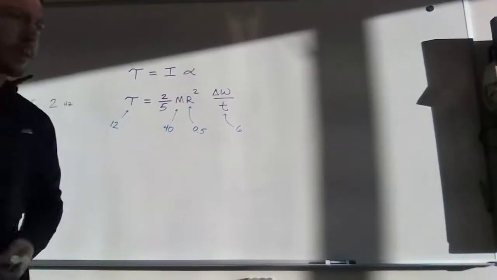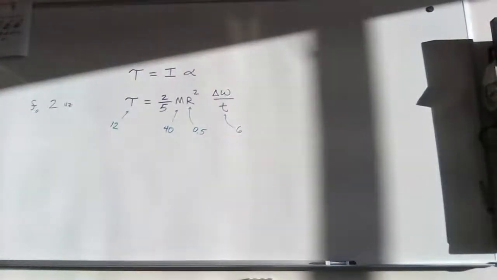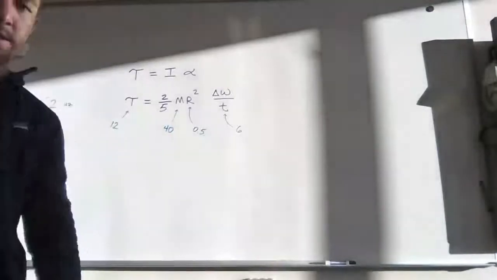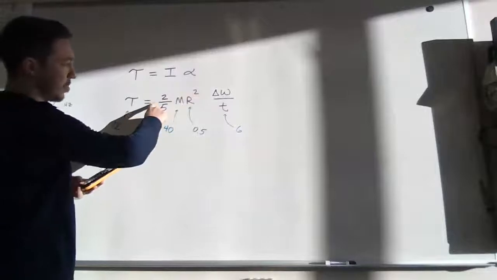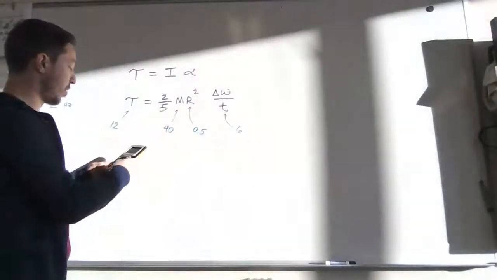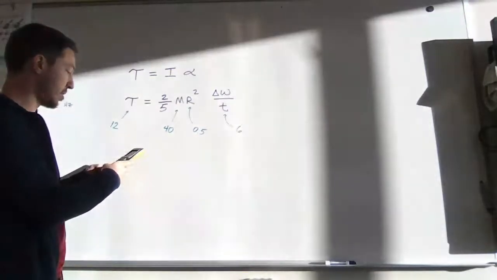So grab a calculator if you don't have one already. With our calculator, I'm going to multiply all this out. So I got 2/5 times 40 times 0.5 squared divided by 6.